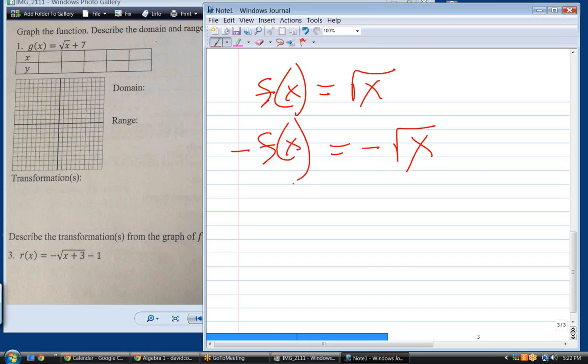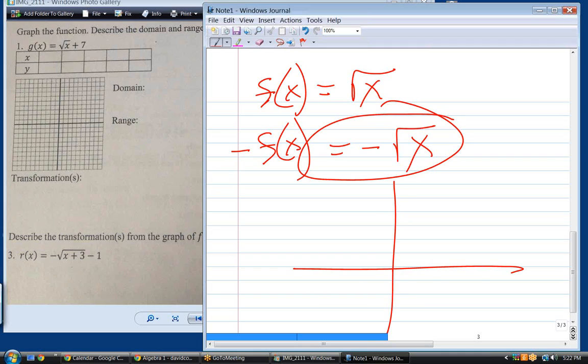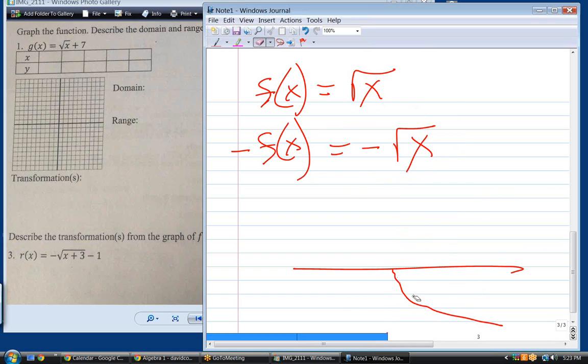Minus f of x would be minus square root of x. And whenever you have minus f of x, you're reflecting it over the x-axis. So if I wanted to graph that, this is the way it would look, like that, instead of what we've been looking at, which is like that. A reflection over the x-axis does this. So that's the first thing that's going on.